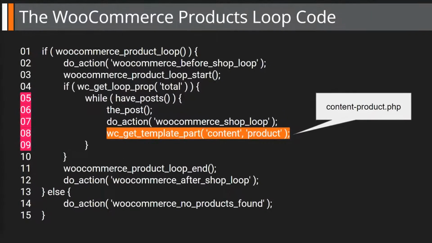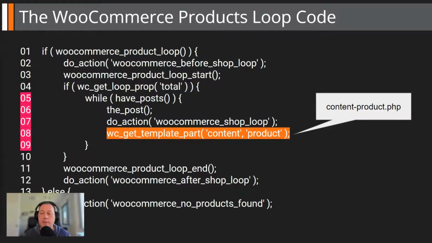So lines 5 all the way to 9 run the actual WooCommerce product loop, where the product information is retrieved from the database and output to the browser. Now, line number 8 does call another template, and you can find that in the template folder. So this says WC get template part, and it's got content and product.